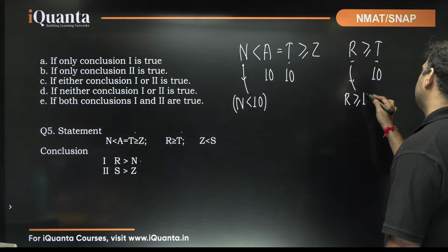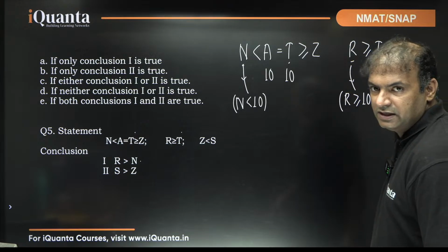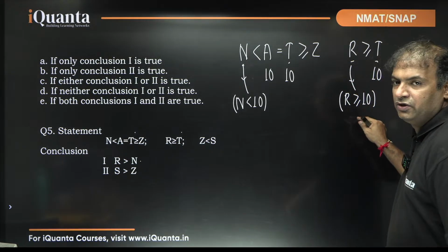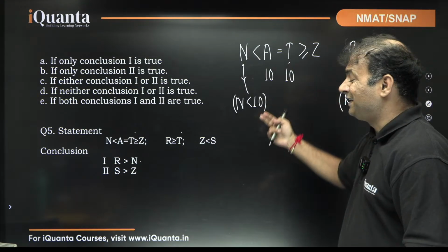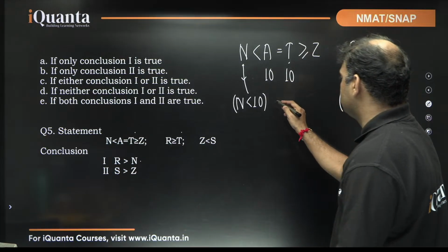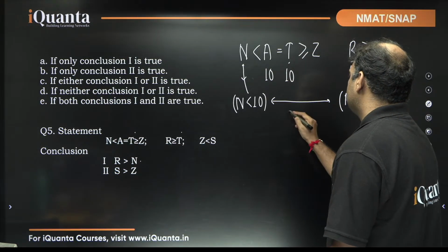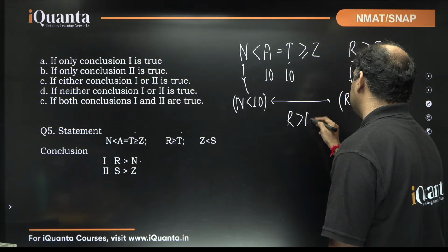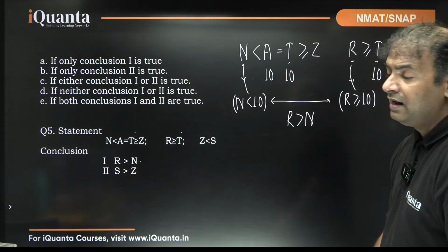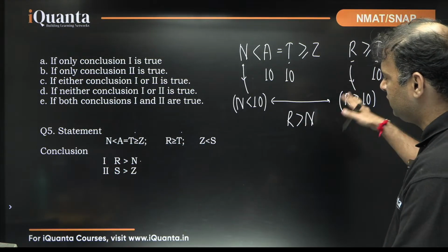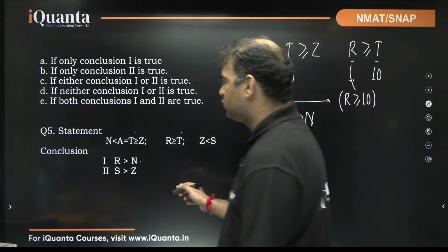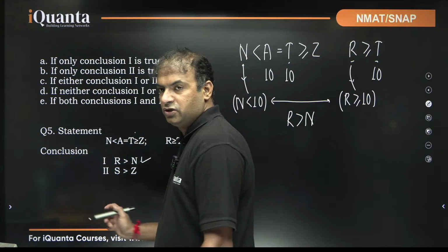It is obvious that r is at least 10, and n is less than 10. So r has to be strictly greater than n. R can't be equal to n.